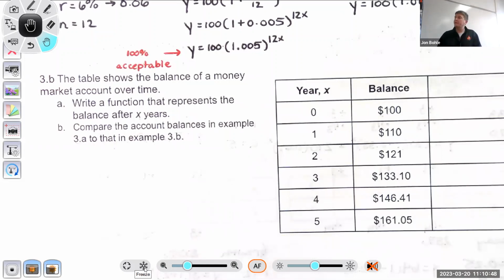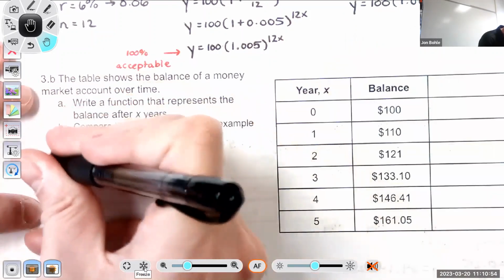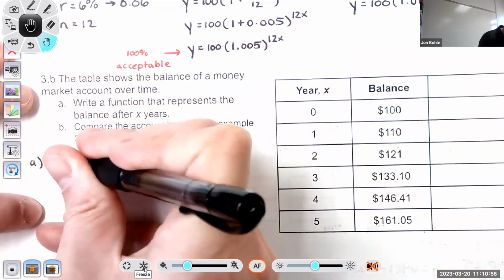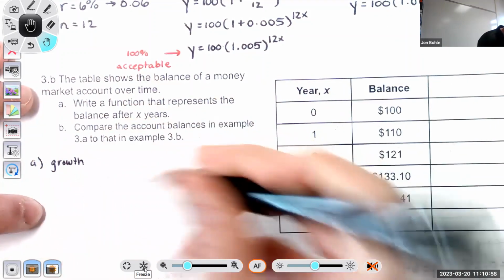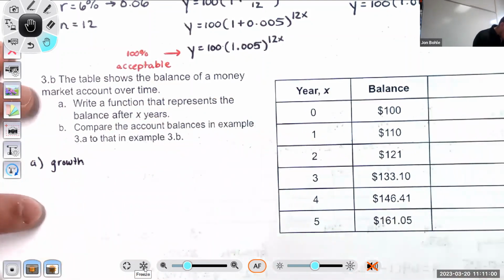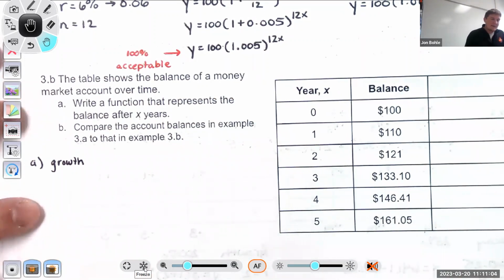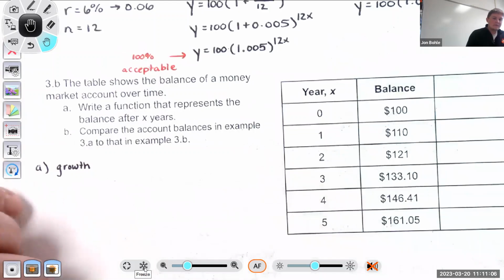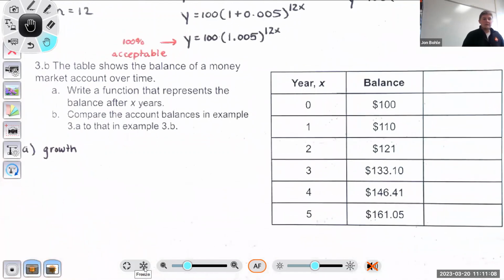First off, growth or decay? Growth. How can we tell? Okay, so this is growth, because the money's increasing. How can I tell if it's compounded once a year or like monthly? Years are only going up by one, right?